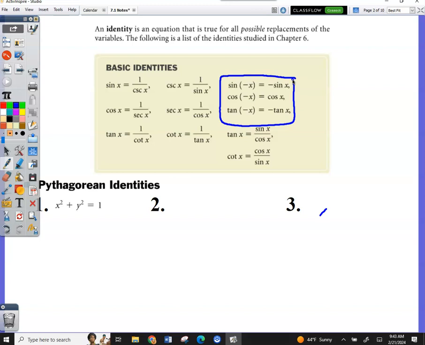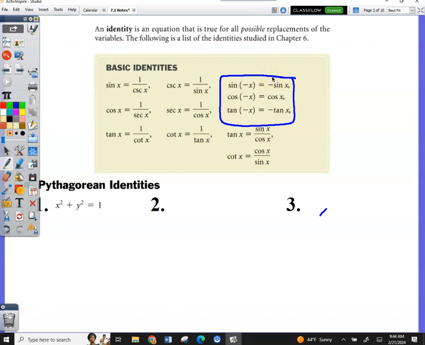This is because of the symmetry of those graphs. We talked about how sine is symmetrical to the origin. You take sine and turn it upside down and it's the same graph. So that's why it has this relationship.